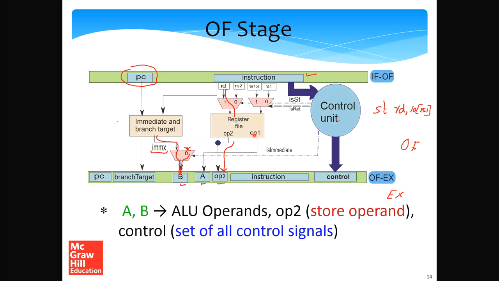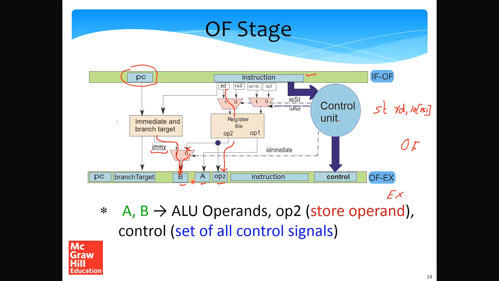And then we store the first source register, which is coming via this route, in the field A in the instruction packet. And also in the case of a store, the is immediate flag is actually true. Since the is immediate flag is true, we will choose the immediate, the extended immediate, as the output of this multiplexer, and that will be stored in field B.